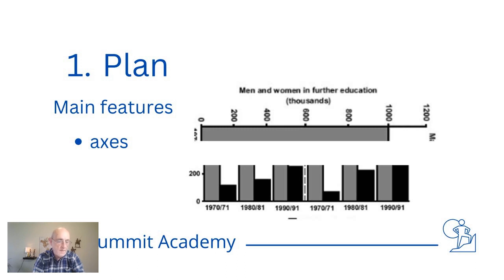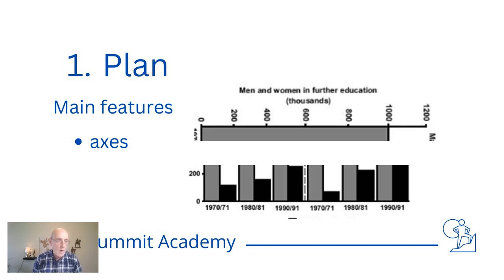So in this case, it's men and women in further education, and it's measured in units of thousands: 200,000, 400,000, 600,000. So I just want to be aware of that as I'm beginning to plan my essay.